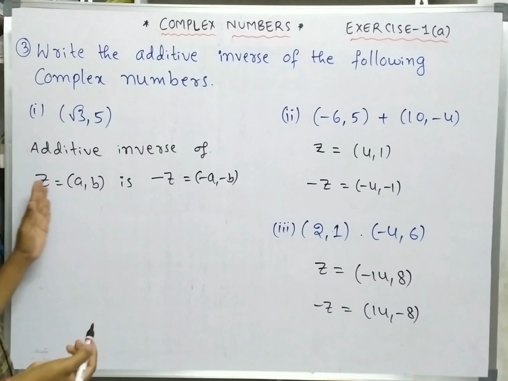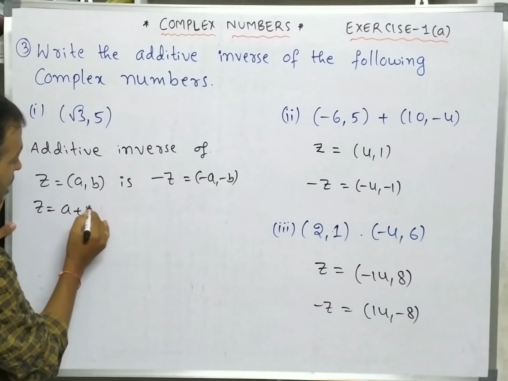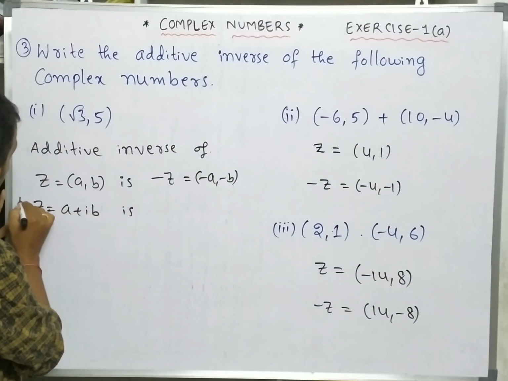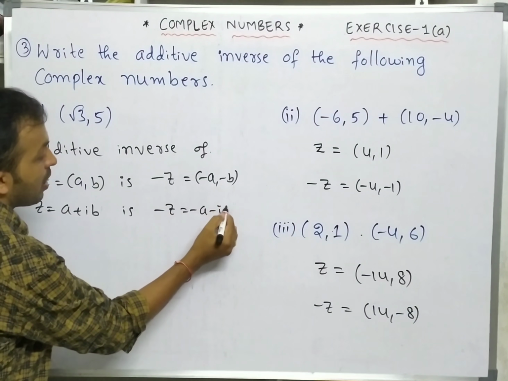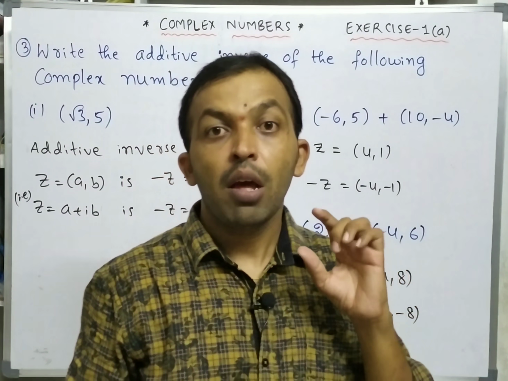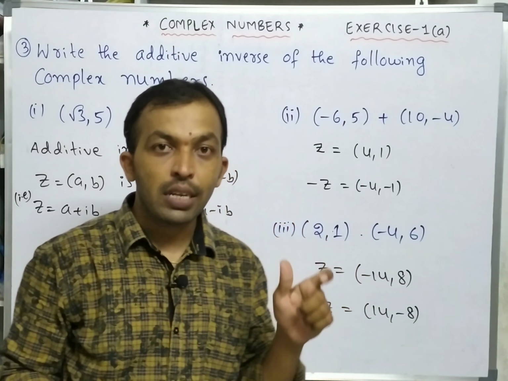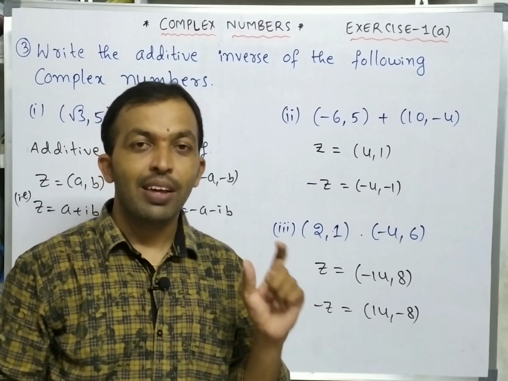If z is equal to a plus ib is a complex number, then minus z is minus a minus ib. Just multiply the given complex number with a minus sign, then we get the additive inverse of the given complex number.